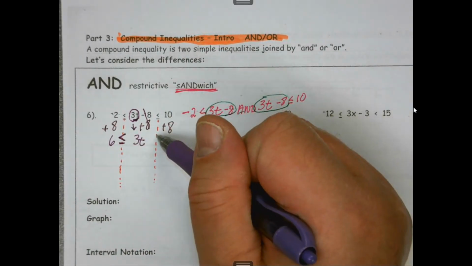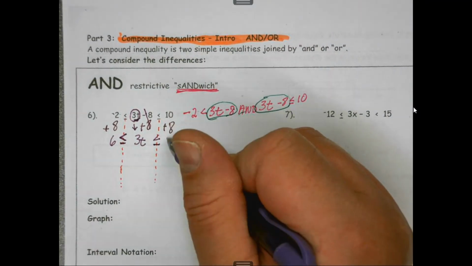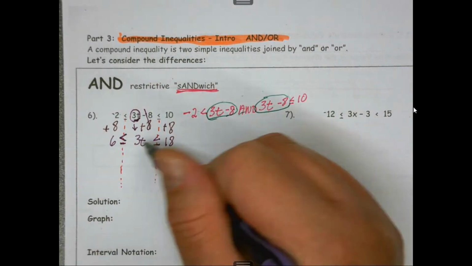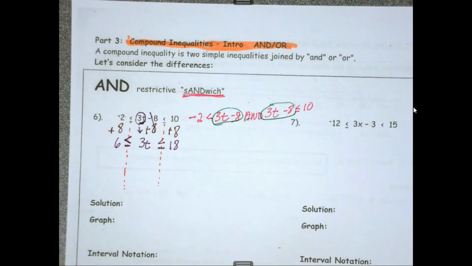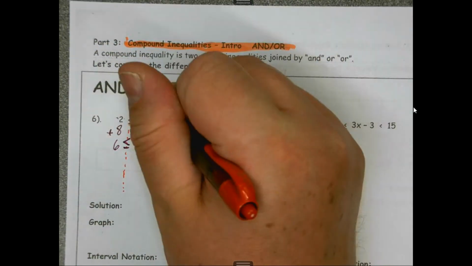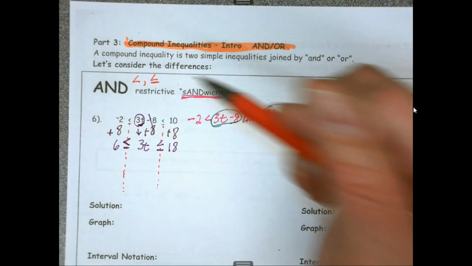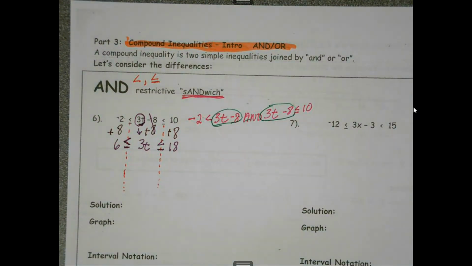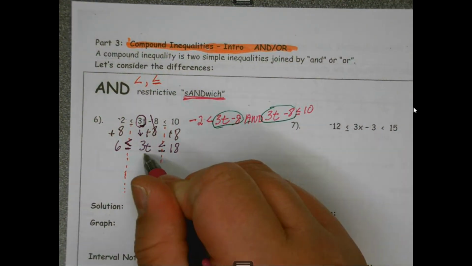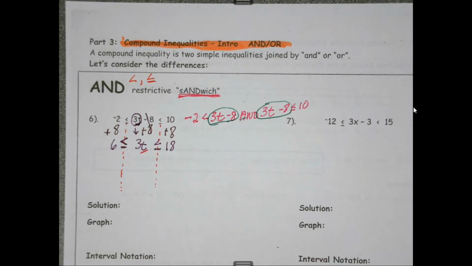The reason why this is an "and" statement, I should have mentioned this earlier: "and" statements use the less than or equal to sign. Now I still have to get that t by itself, and it has a coefficient of 3. So I'm going to divide my 3t by the coefficient 3.